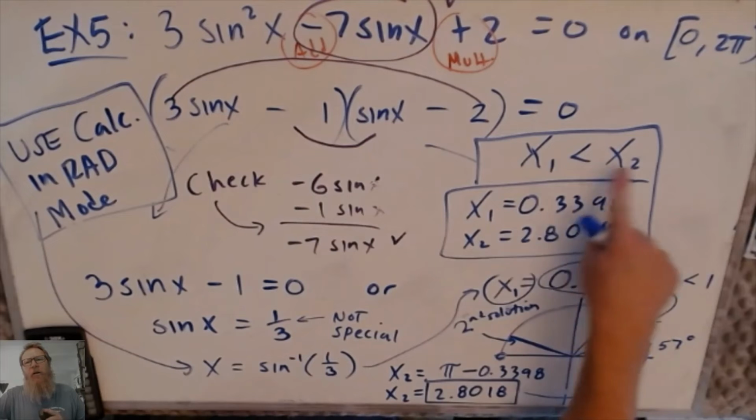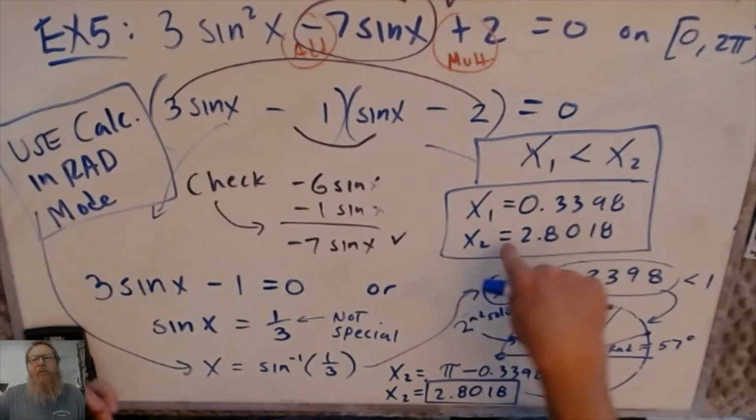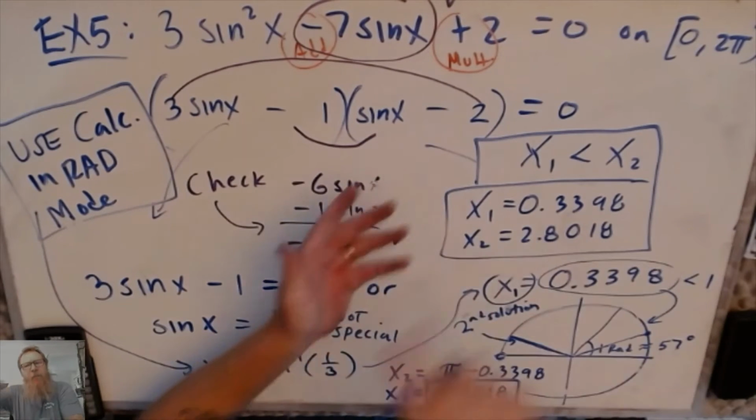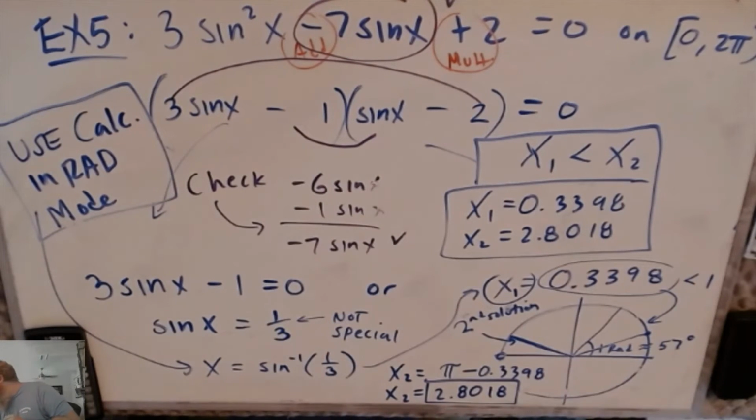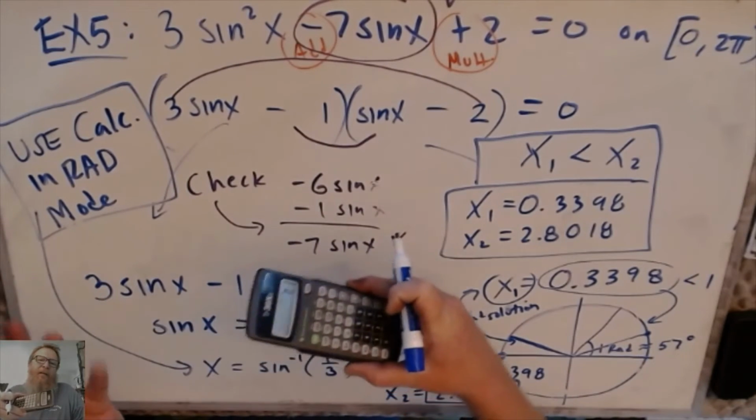This inequality just reminds the reader that I'm putting the smaller one first and the larger one second. I like to put them in order as they appear in the circle. So once in a while, you're going to need the calculator.